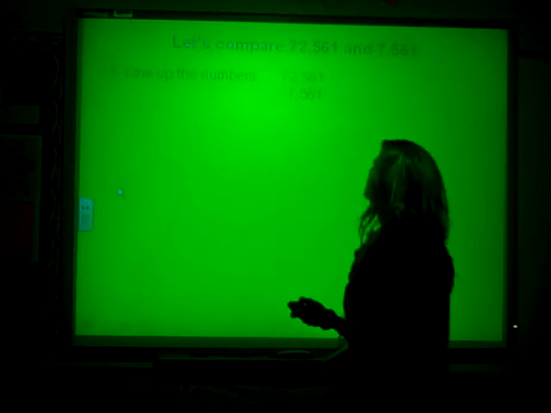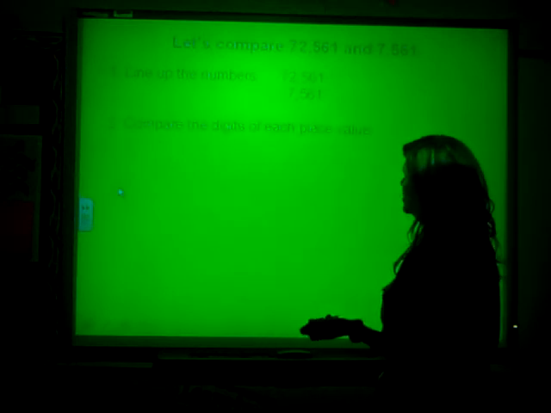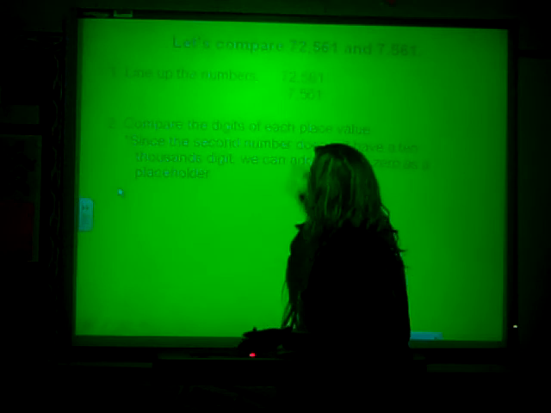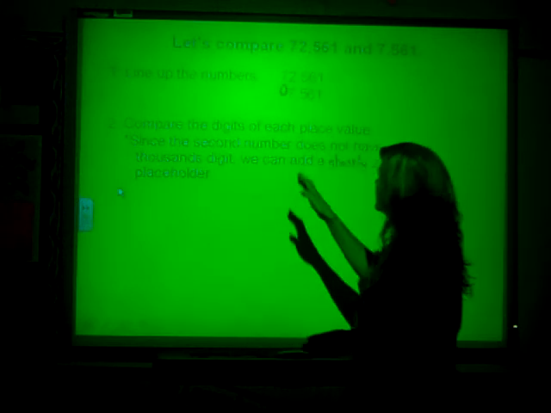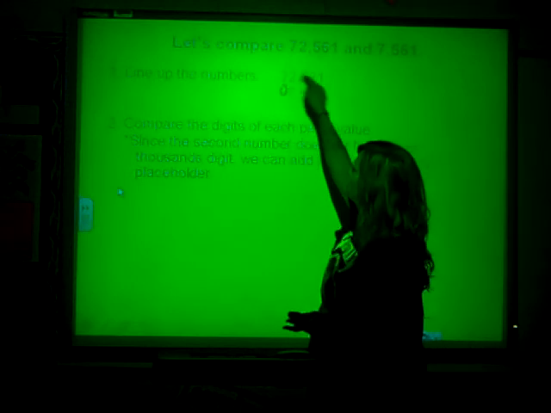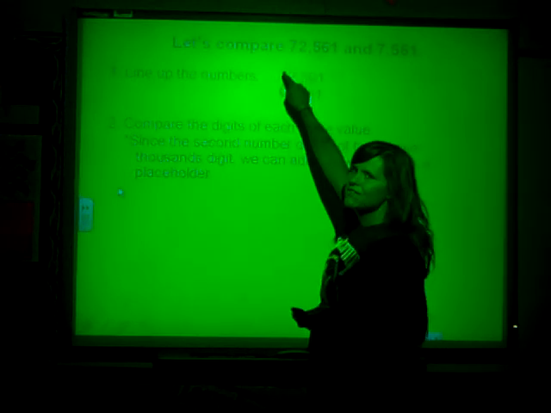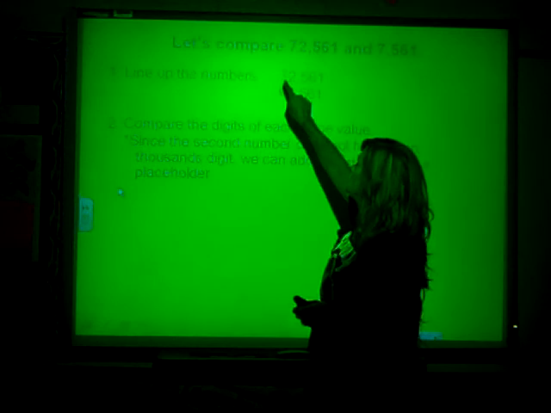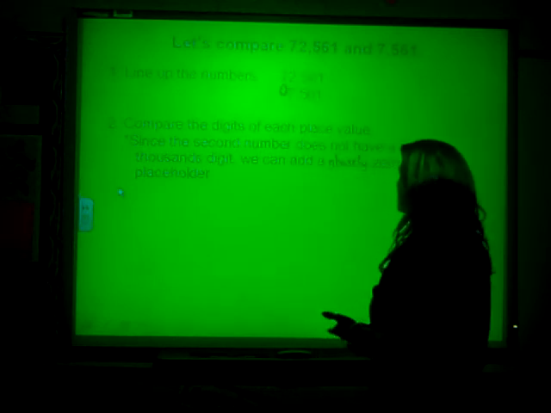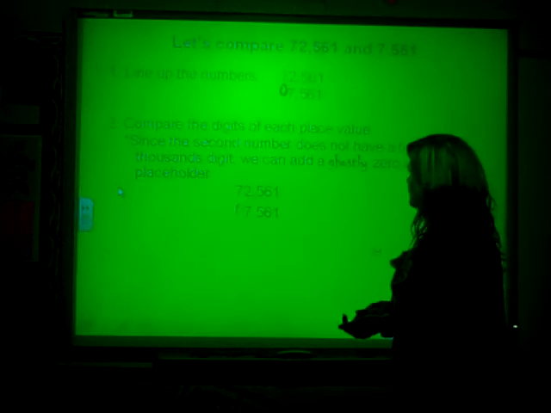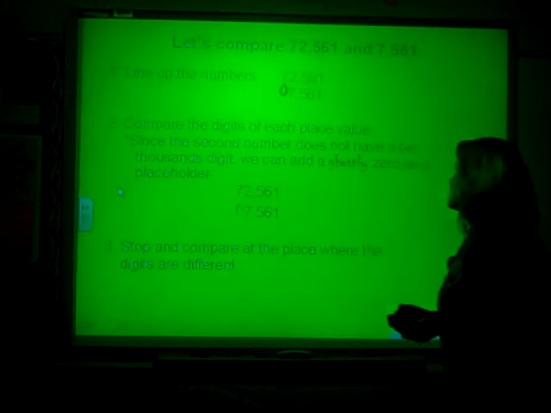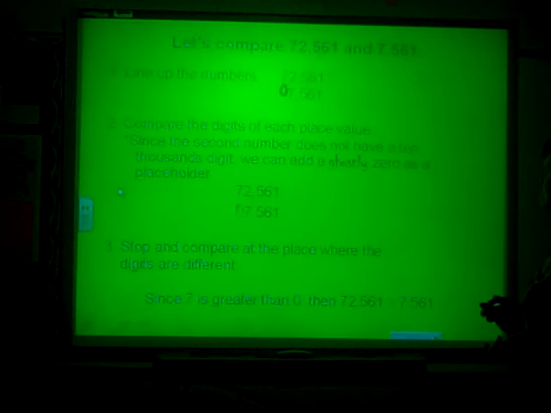This is where I can add a little ghostly 0 at the beginning of my number to let me know, look, this is bigger, 7 and 0. 7 is bigger than 0, so 72,561 is going to be bigger than 7,561. There's my 0. That's my greater than sign that I use on that one.